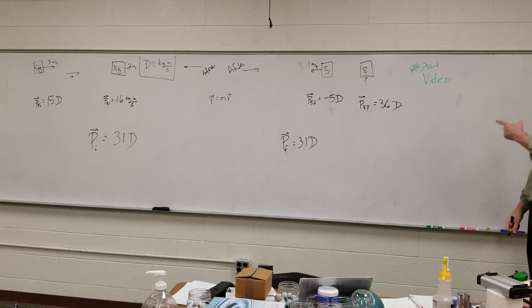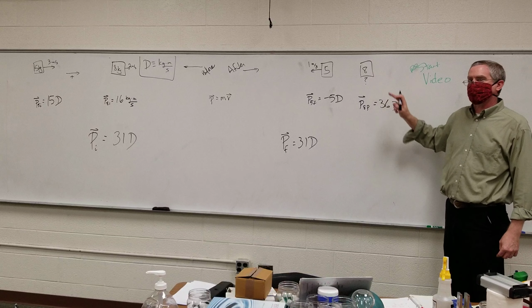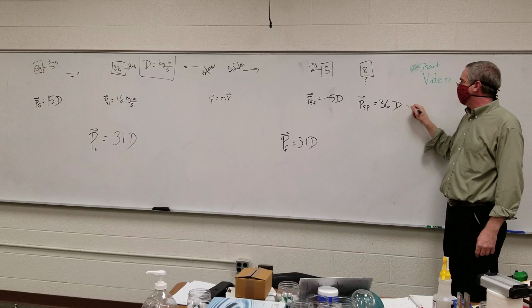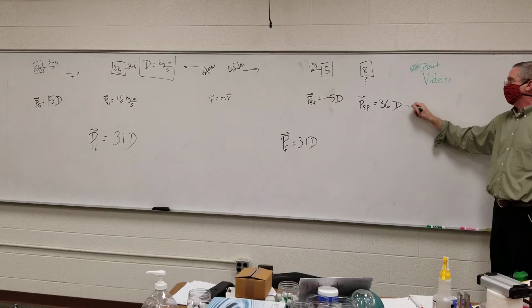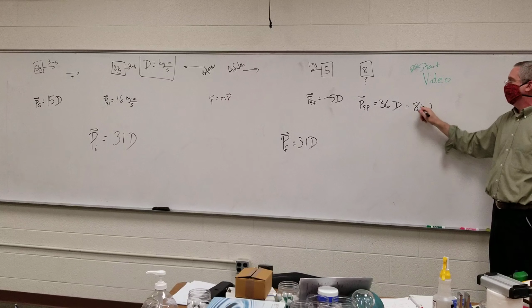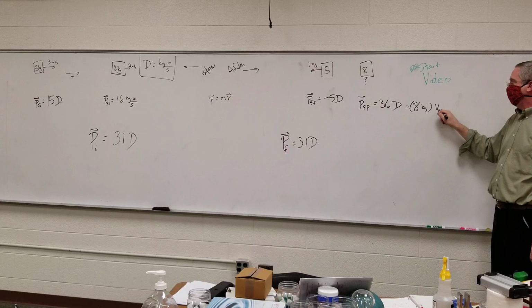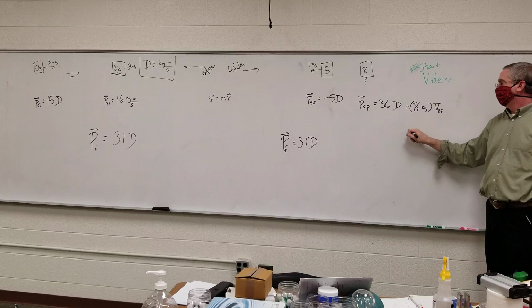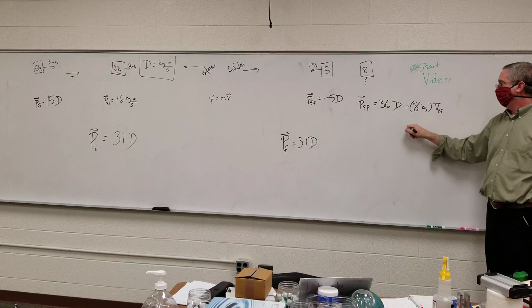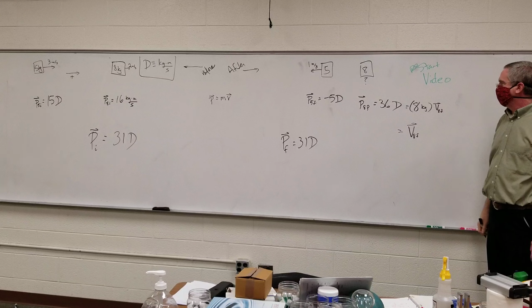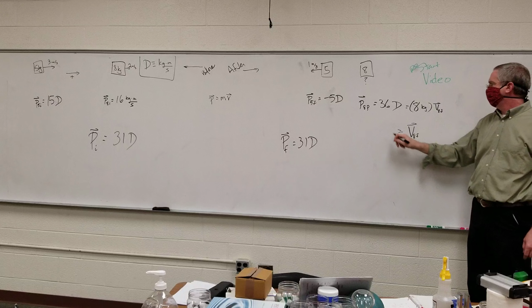So now, how fast is the 8 kilogram mass going after the collision? Well, momentum is equal to the mass times the velocity, 8 kilograms times whatever its final velocity is. Which is 4.5.